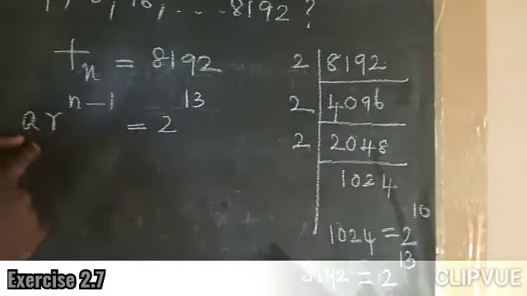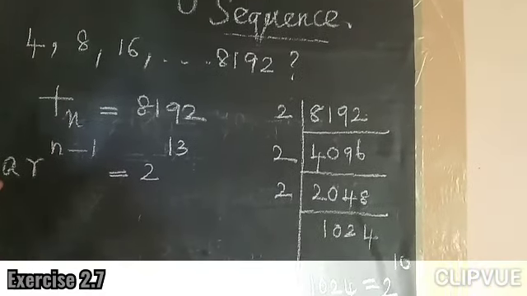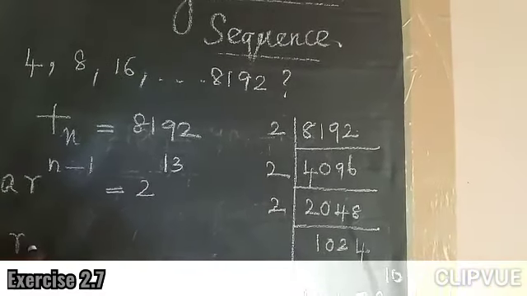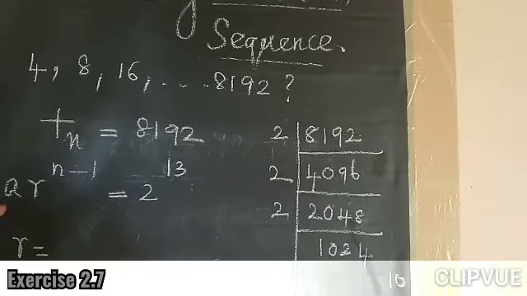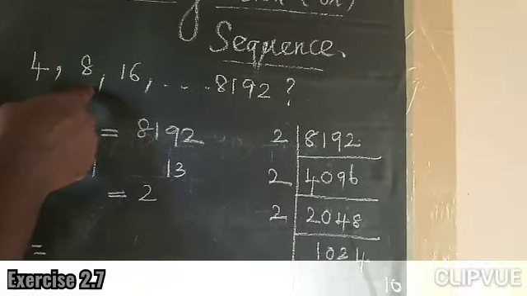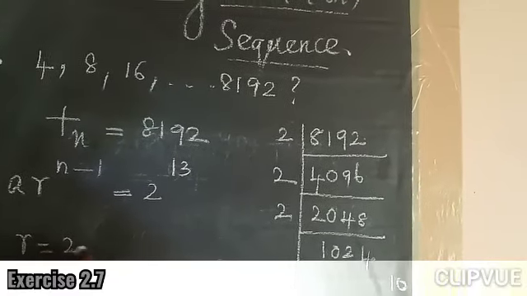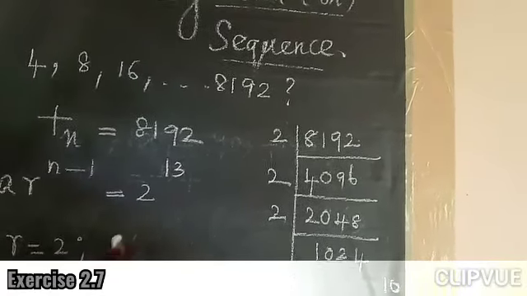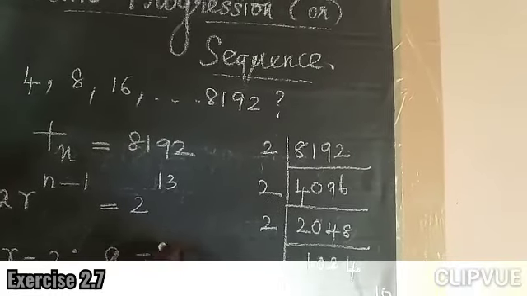a, what is a? First term of this GP. So a equal to 4. And what is r? r is the common ratio. How can we find it? Second term divided by first term. So 8 by 4 is equal to 2. So r is equal to 2 and a is equal to 4.